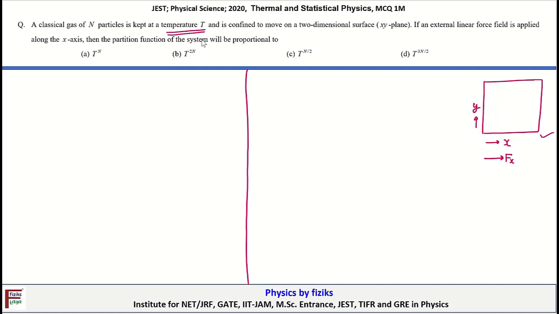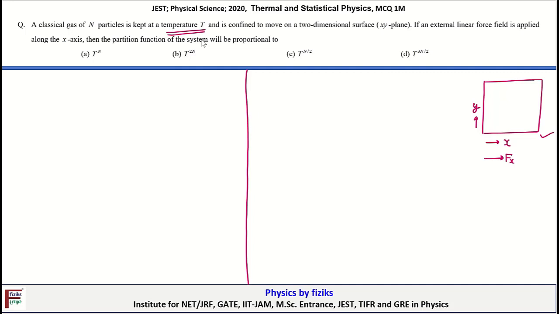Now remember that when the force along the x direction is applied, and simultaneously we have to keep the temperature constant, because the particles are going through two-dimensional motion, by applying the force the equilibrium will be disturbed, and that is going to change the temperature.